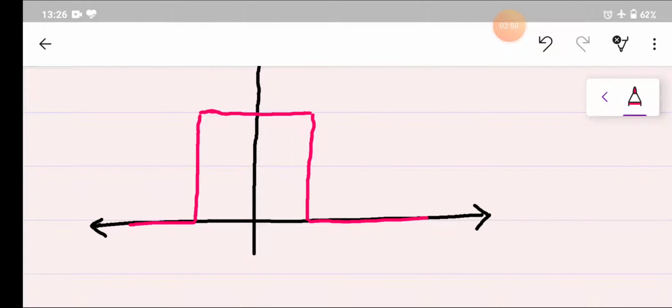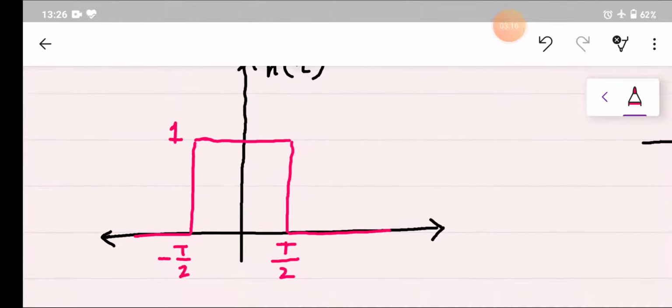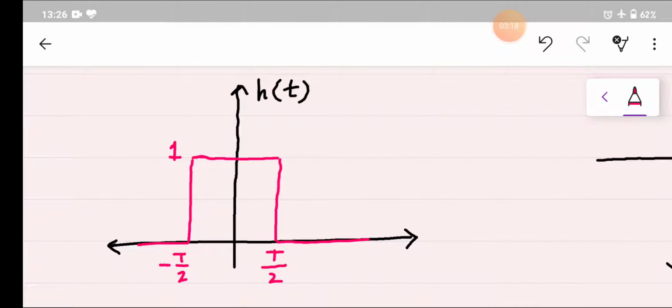Here we have negative time minus T by 2, and here we have positive time plus T by 2. This HT has unit magnitude. So basically this type of signal is our ideal interpolator, which is a rectangular pulse.